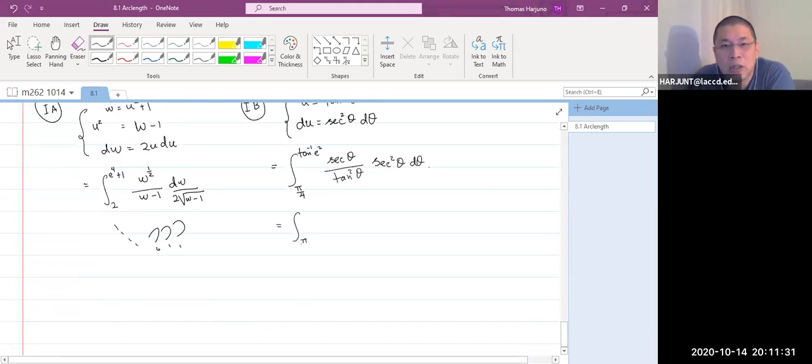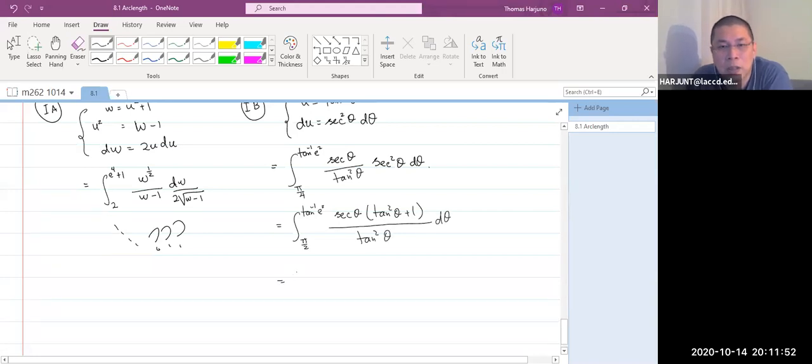That is secant theta times tangent squared theta plus 1 over tangent squared theta d theta.